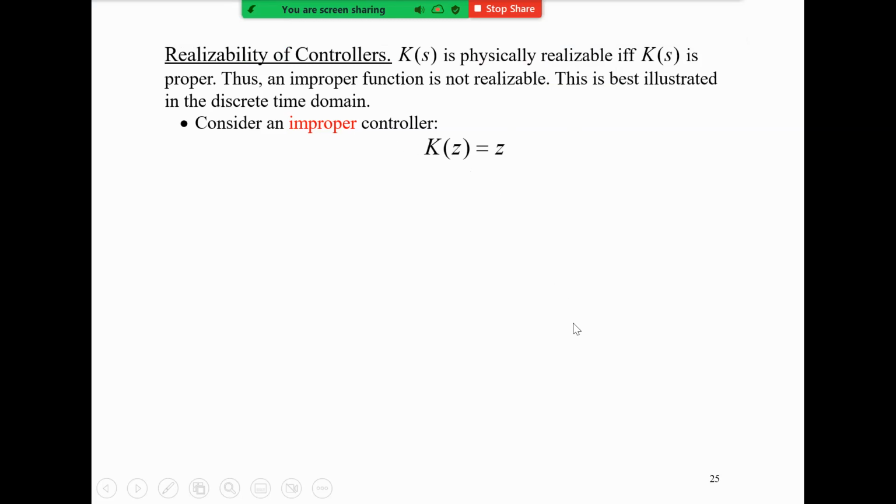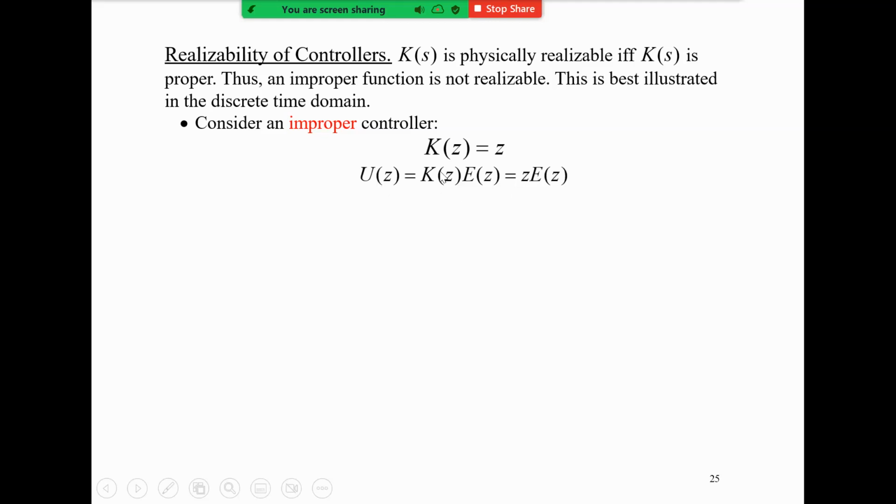This transfer function is not proper. What could be the problem? We know in the Z domain, this is the input signal and this is the transfer function of the controller. So the input is the transfer function of the controller times the error signal.